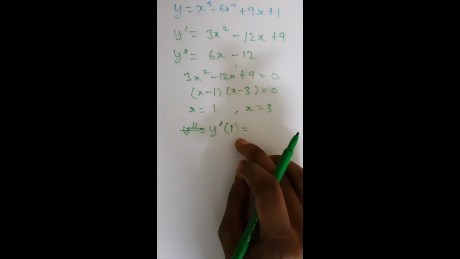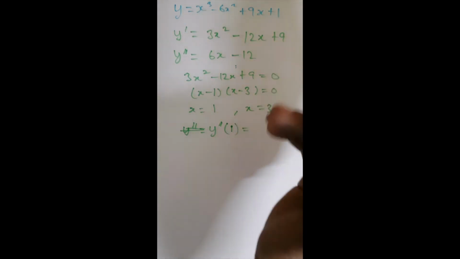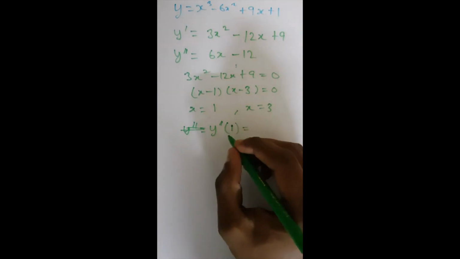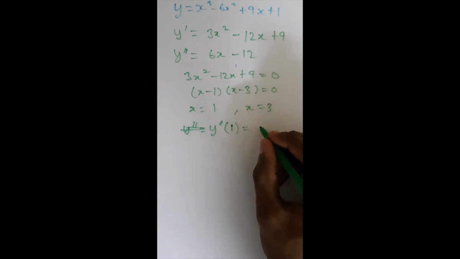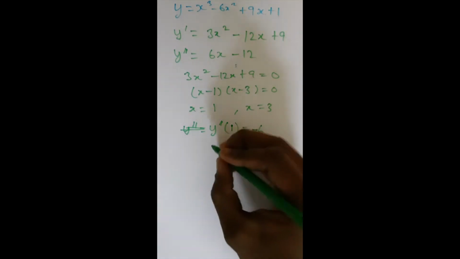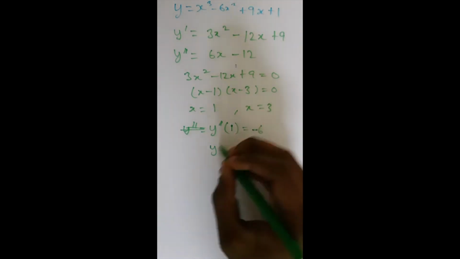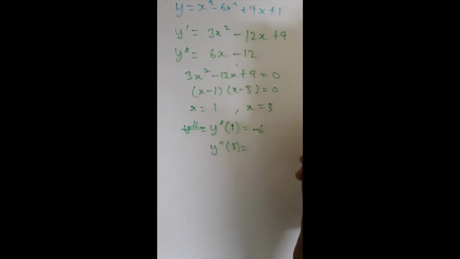I'm just going to straight away write the answer for it, because I'm sure that's understandable how we substitute and stuff like that. So once I substitute that, I'll get negative 6. If I do that for the other x, I'm going to get a 6.